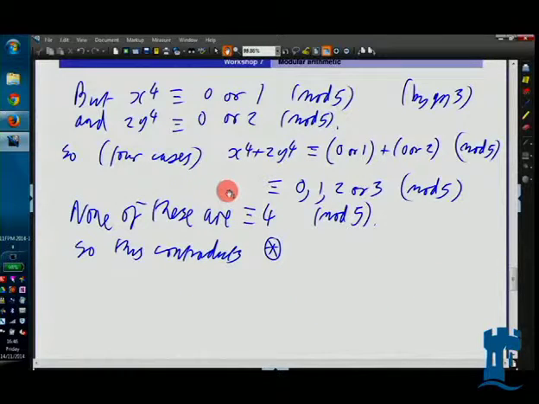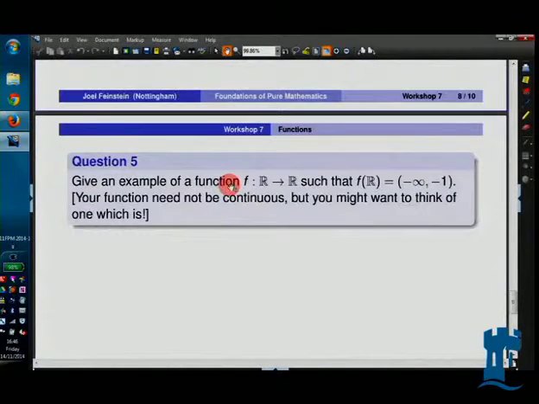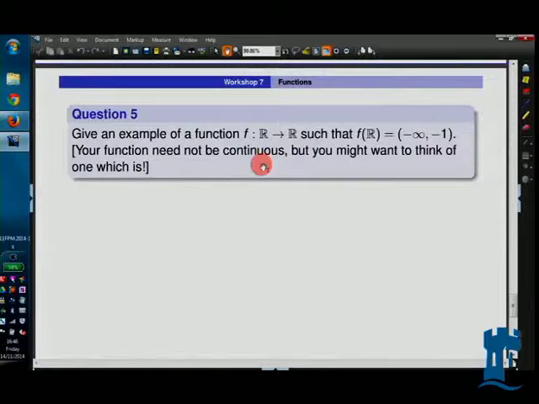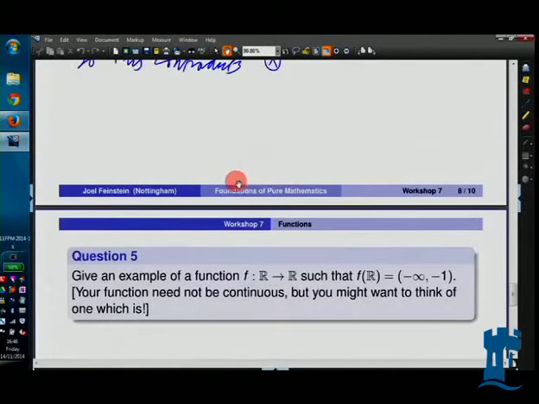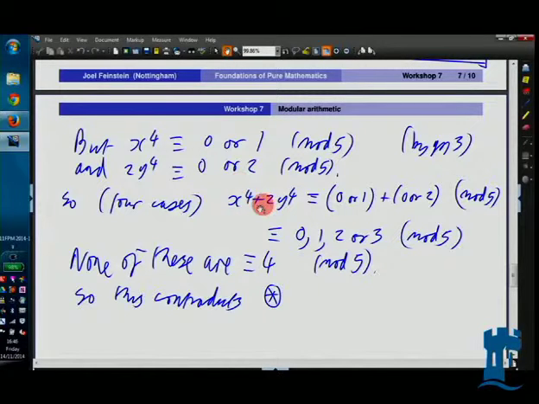Right. Okay, so that does that one, and so that leaves us with question 5. Oh, sorry. Any questions about that argument?